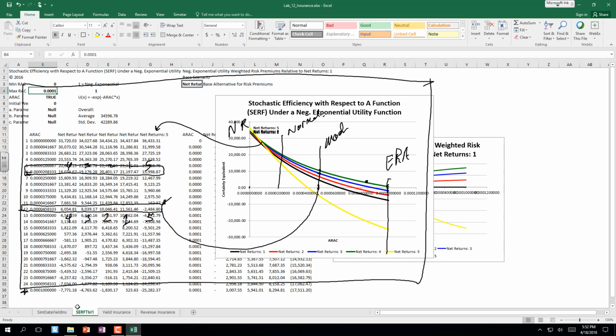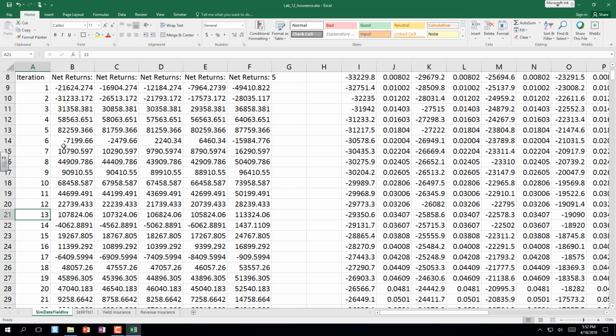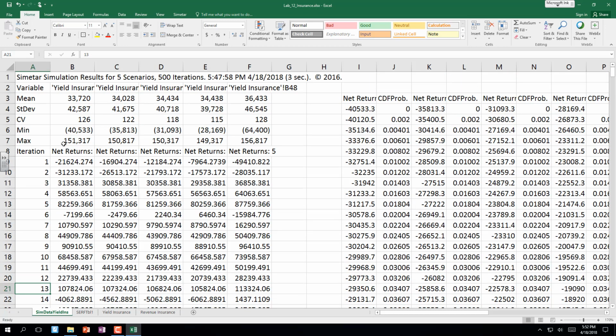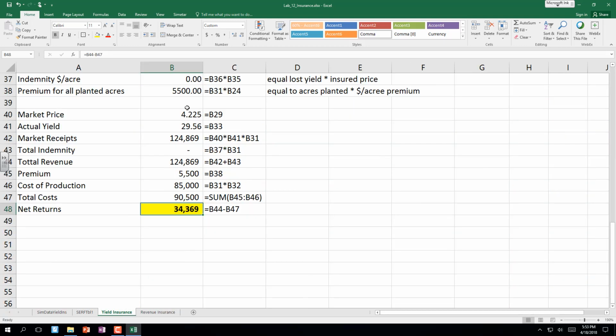Okay. If you look at your sim data years, do you have the same means and minimums? Yeah, if you don't have the same values here, then the surf charts can't be the same. Okay, so there may be something in here that you and I did different.